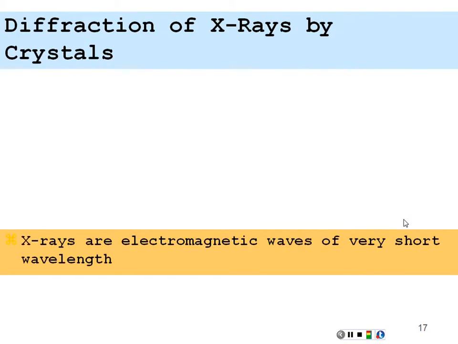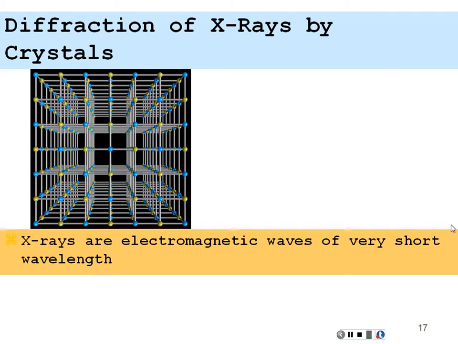We could also have diffraction of X-rays off a 3-dimensional solid in the form of a crystal. The crystal has a nice layered structure of atoms within the solid, and if it's a good crystal, these layers will be consistent all the way through. The spacing of those layers between atoms is on the order of the wavelength associated with X-rays.